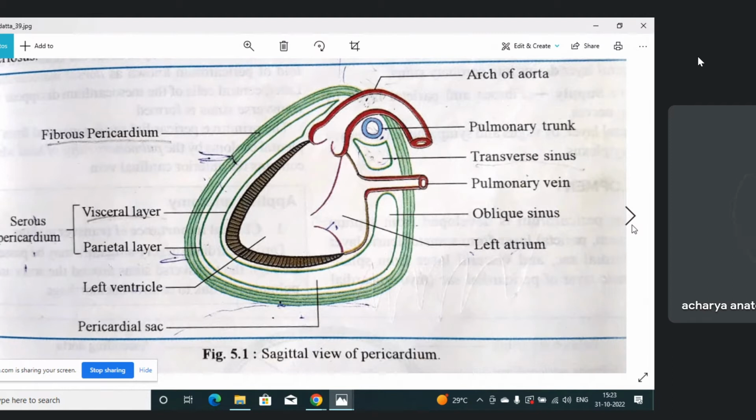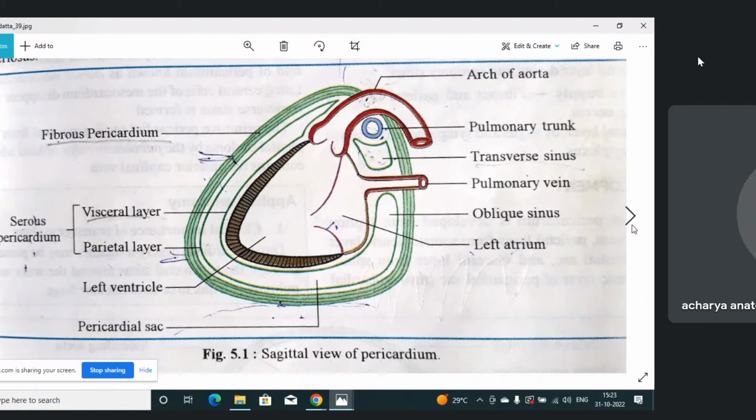Number one, visceral layer. The visceral layer closely attaches to the heart. Number two, parietal layer.